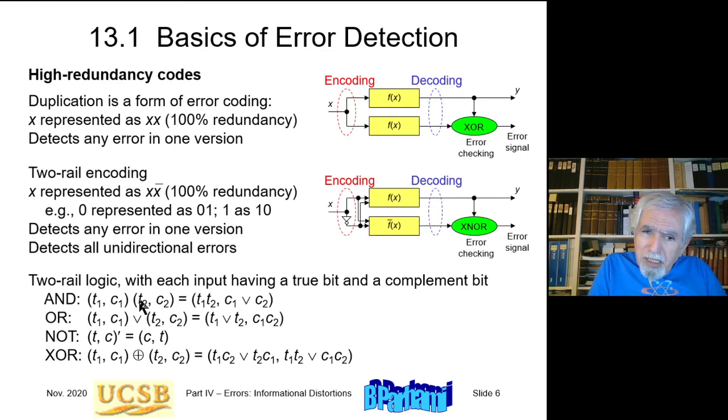So you basically have twice as many signals, and you also have twice as many gates because instead of an AND, you use an AND and an OR. OR is similar. NOT is very simple because to complement the signal, you just switch the two bits. Use the true part as the complement part and the complement part as the true part. That inverts the signal. Next, OR similarly roughly doubles in complexity.